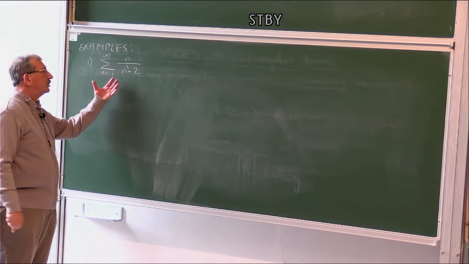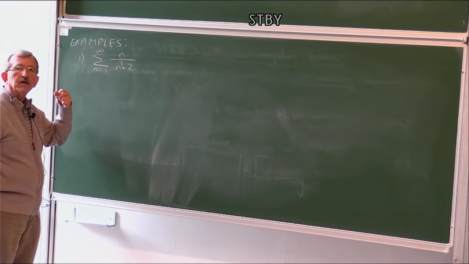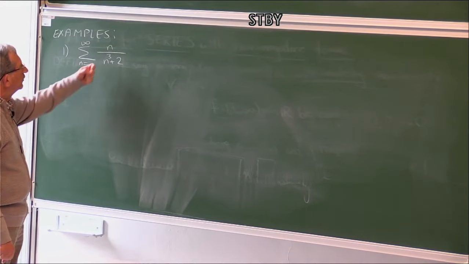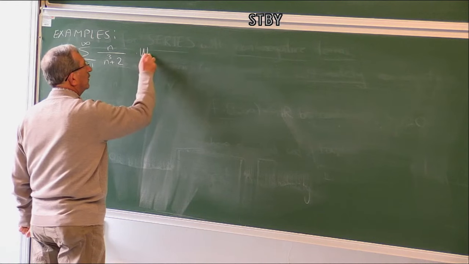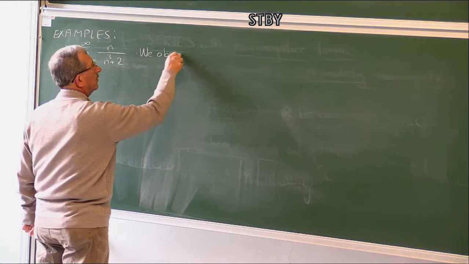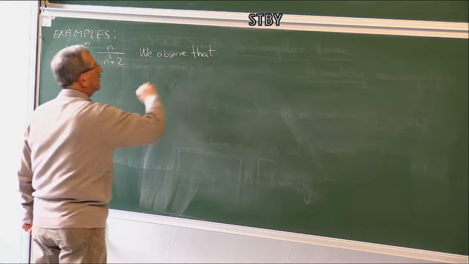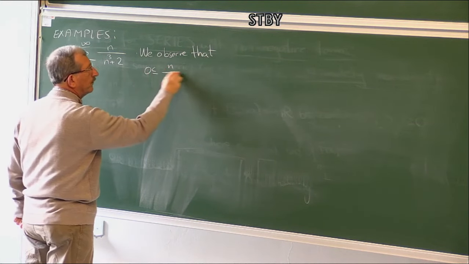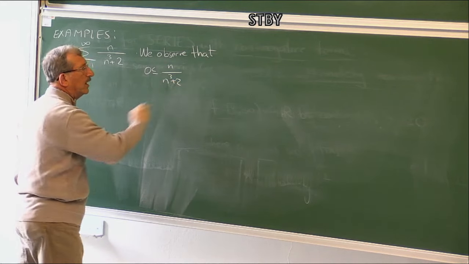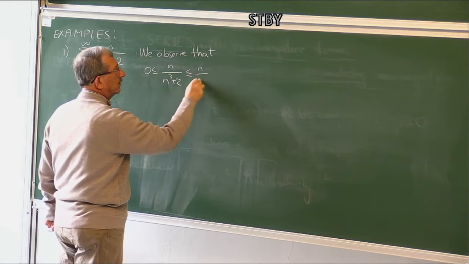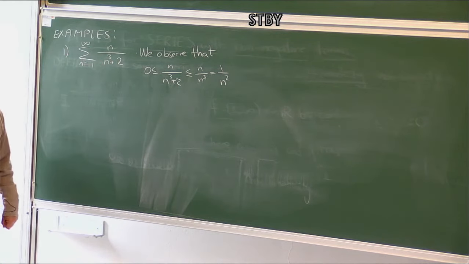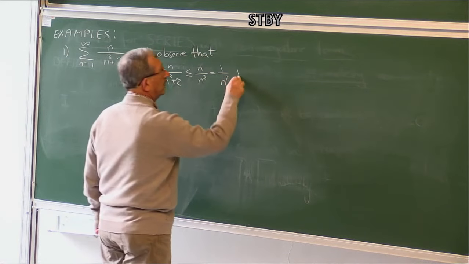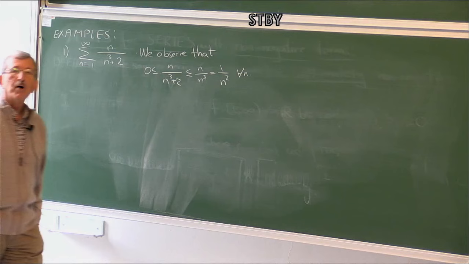Now, we are not in a position to calculate the exact value of this sum, but we want to determine whether it is convergent or not. Now, we observe that these are positive terms in the first place, and certainly it is bounded by 1 over n squared term-wise, and this is true for every n. So we don't need to use the ultimate part.